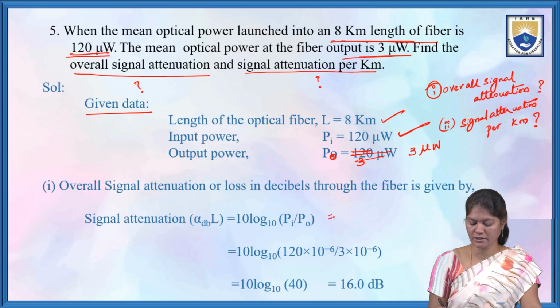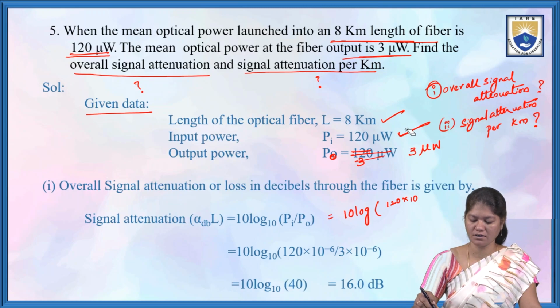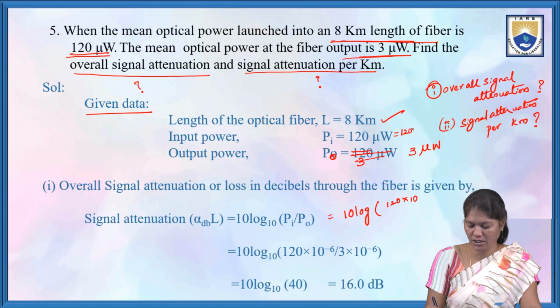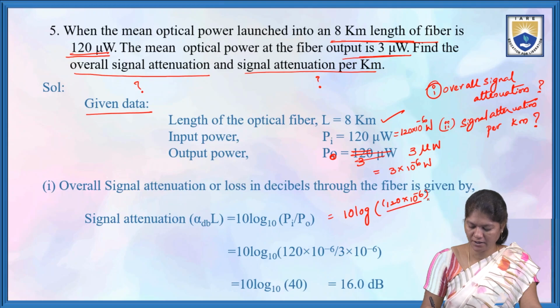Let's substitute: 10 log of 120 into 10 power minus 6 watts, since it is in microwatts I have to change it to watts, divided by 3 into 10 power minus 6 watts.